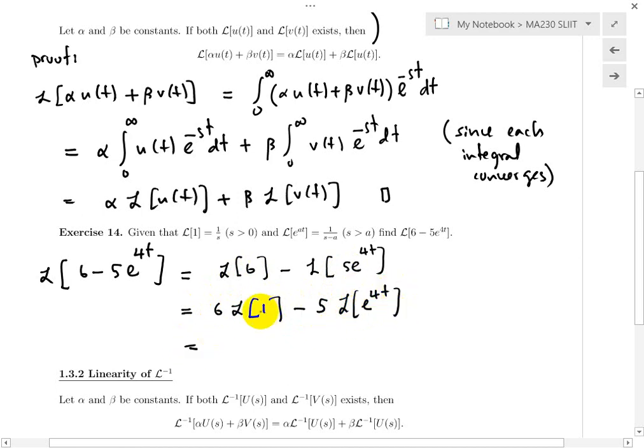Now the Laplace transform of these two functions you can find in the table, or they are given right here. The Laplace transform of 1 is 1 over s, so here 6 over s, minus 5 times 1 over s minus 4. Okay, so this is your answer. Now this is a new function in the s domain, so what's the domain here?